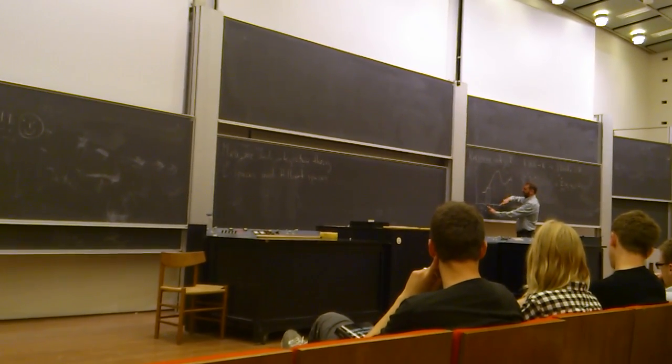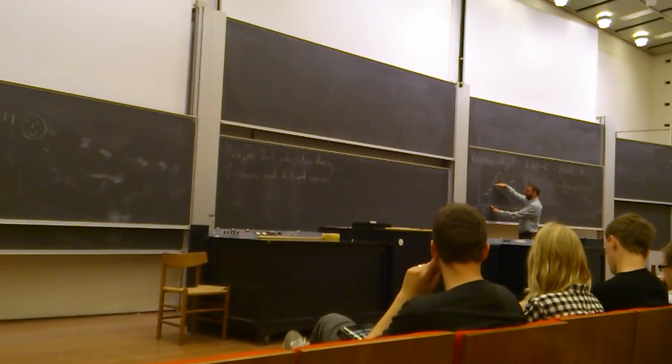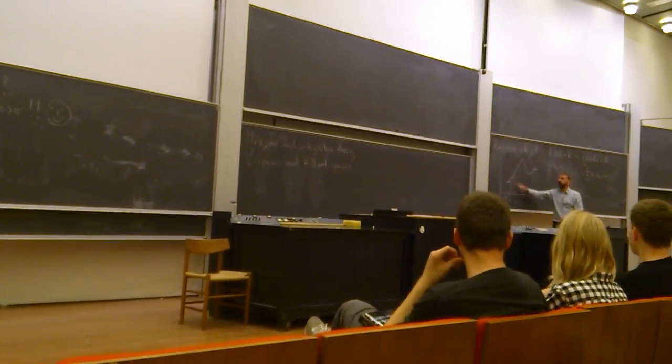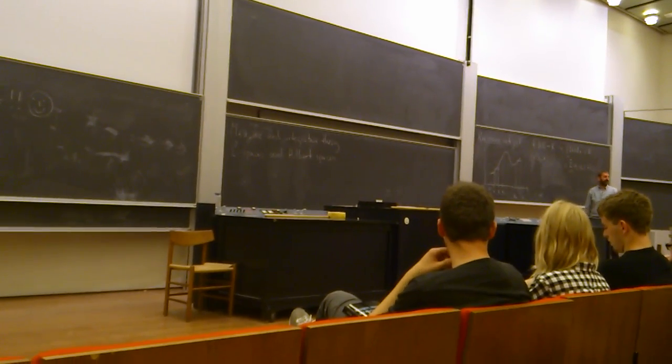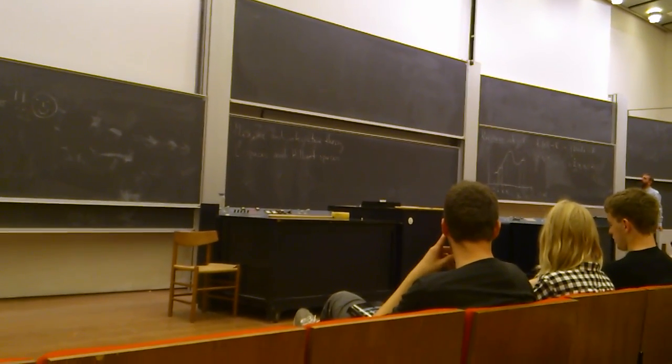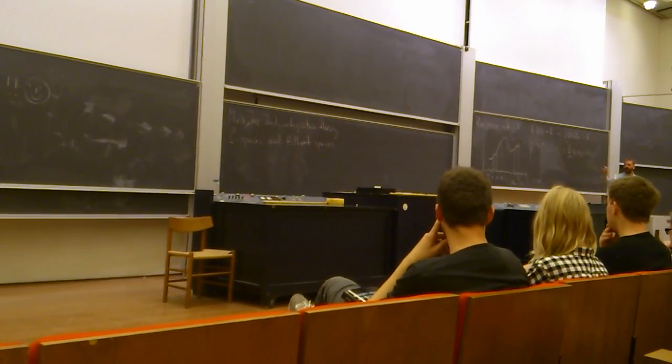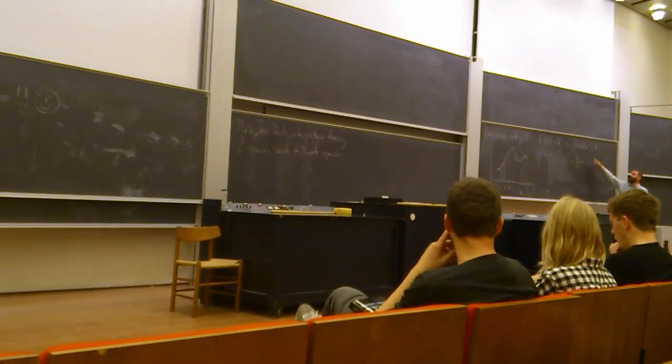So this is psi 2 we have here, and this point would be f of psi 2. So there are some choices involved, and the idea is that if n is large enough and the intervals are small enough, then this number will be close to the integral.